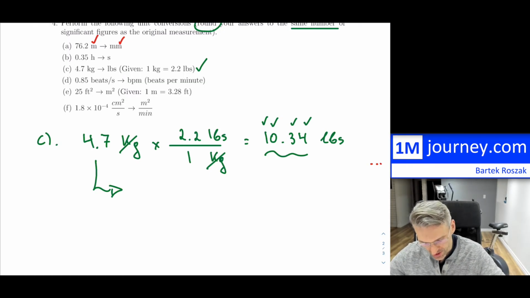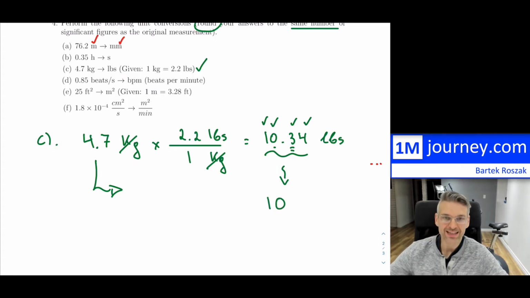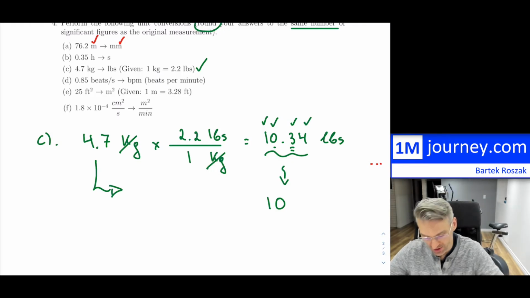So if we try to round this to 2, well, the 3 is not going to round this up. So this is going to be 10, right? But writing it as 10 means there's only one sig fig.